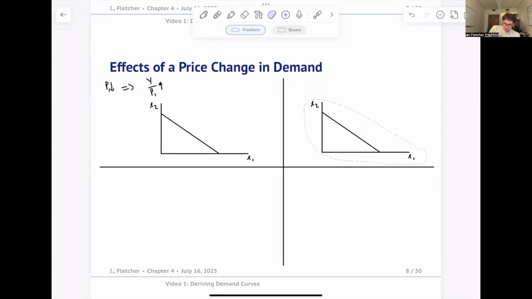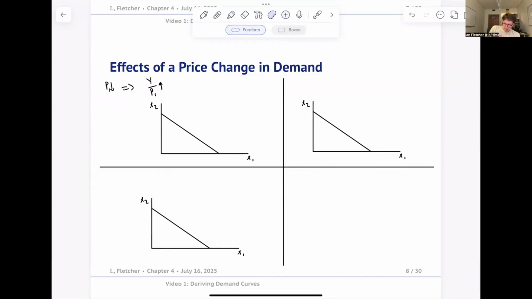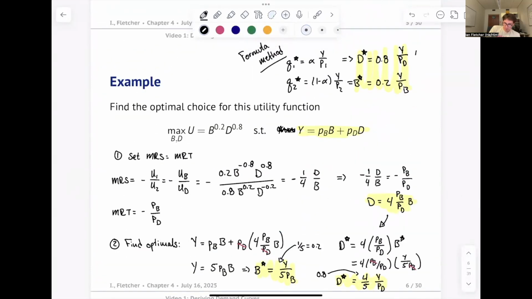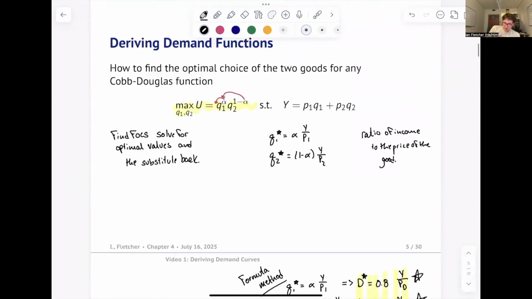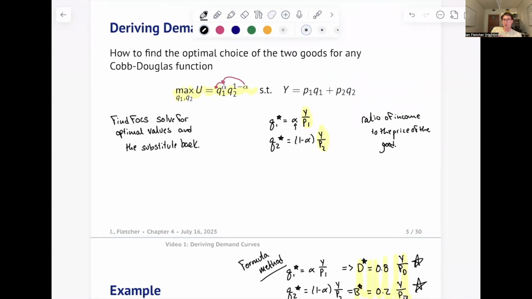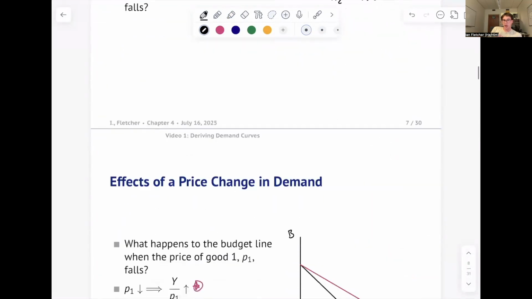We're going to put this in every box because we're going to do 4 things. And remember, this ratio y over P1 comes from up here, from these formulas here. This ratio here should always be the same. And if this is a constant, the changing of P1 is only going to change the quantity demanded of Q1, right? And so we're essentially doing some fancy comparative statics like we did beforehand, but we're just going to do it kind of implicitly.